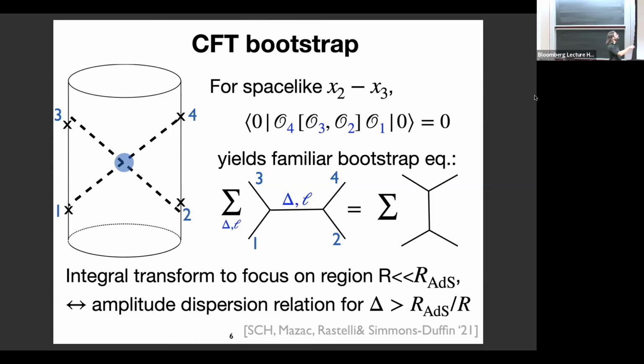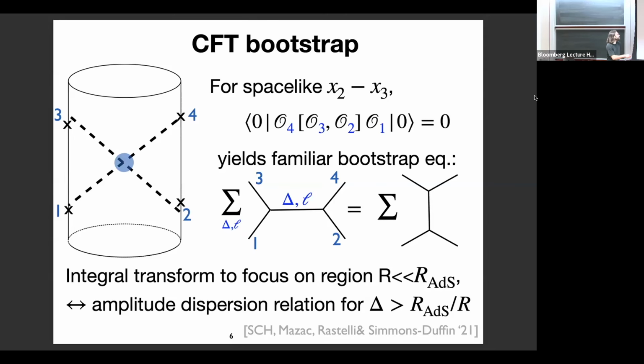So we can use this type of thought experiment to probe local physics in the bulk, if you're in a holographic theory, that's suitably local. Okay, that's the usual large N, large gap assumptions.